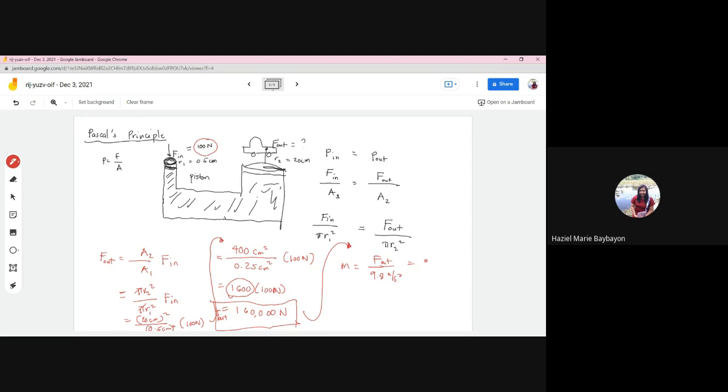The mass it can lift is 160,000 divided by the acceleration due to gravity, so around 16,326.5 kilograms. So what objects can it lift with this kind of system? You can lift an elephant.